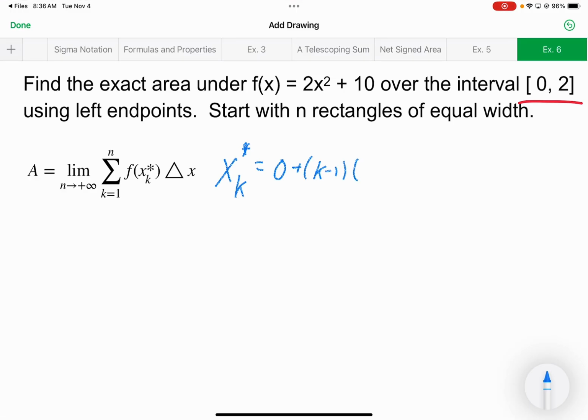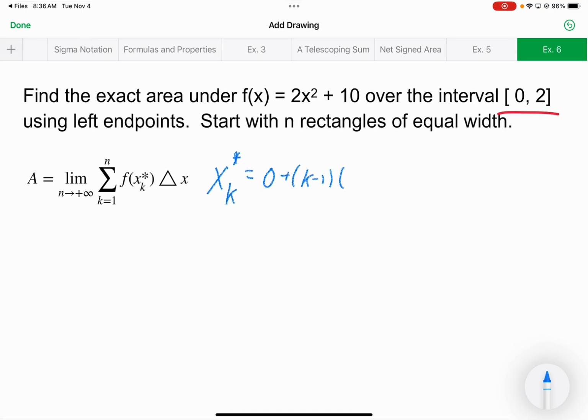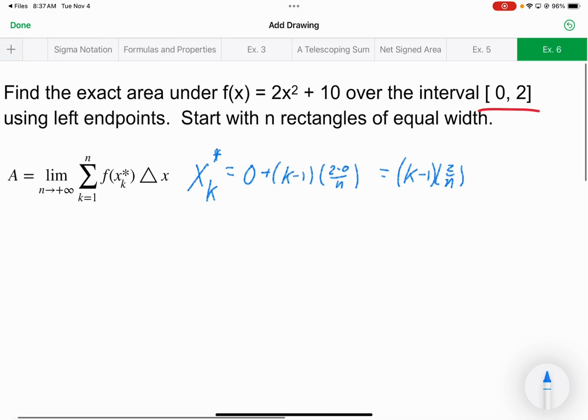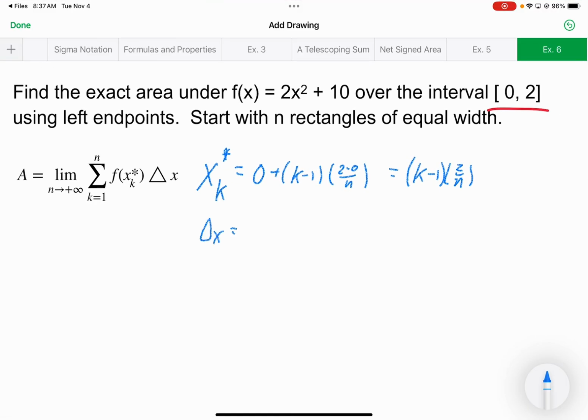We're working over the interval from 0 to 2, so it's just 2 minus 0 over n. So we get that that's equal to k minus 1 times 2 over n, okay? Then change of x we just computed to be 2 over n.